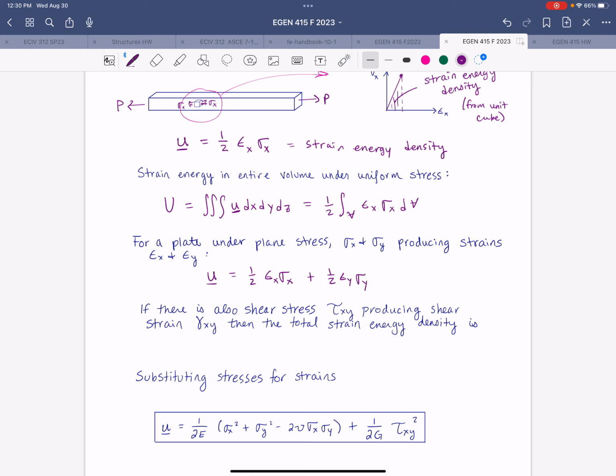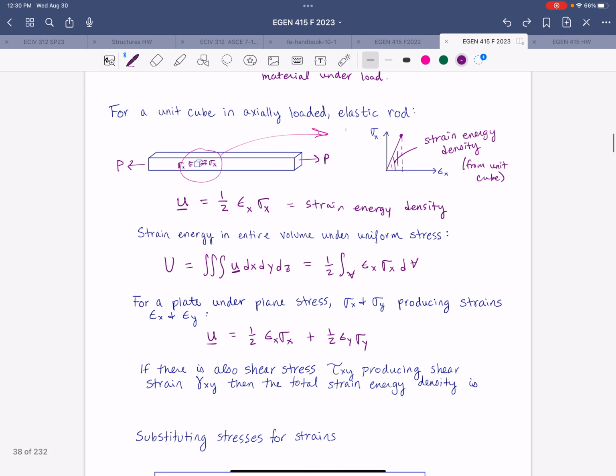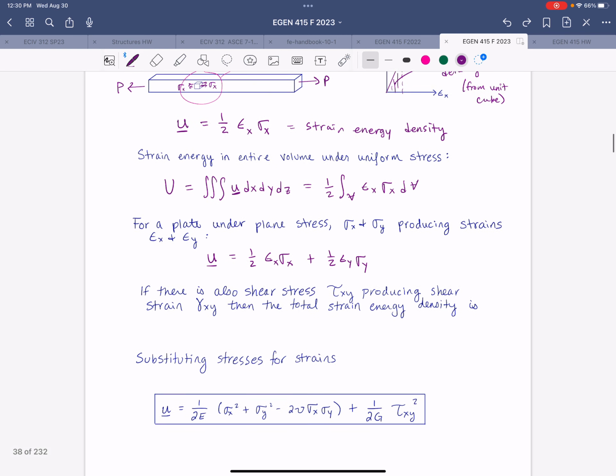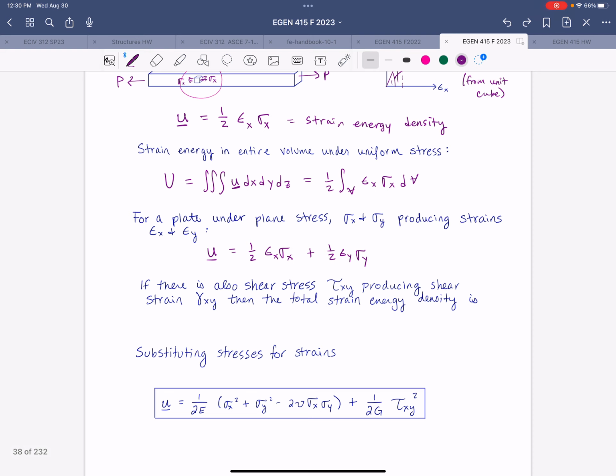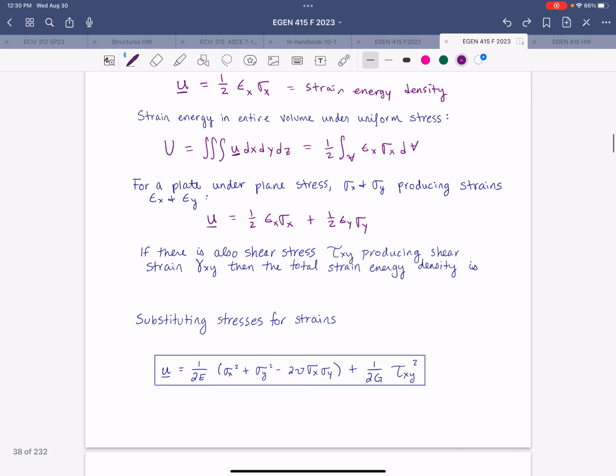So it's simply, right, separating the normal stress strain curves, and then summing the volume or the areas underneath those curves. Now, if there's also shear stress at play that contributes to shear strain, then the total strain energy density would simply add a term for that shear stress.